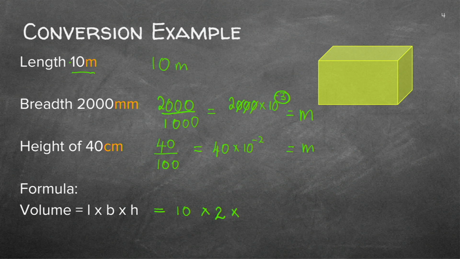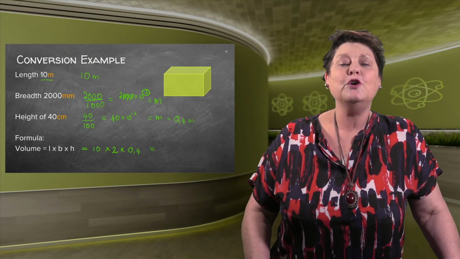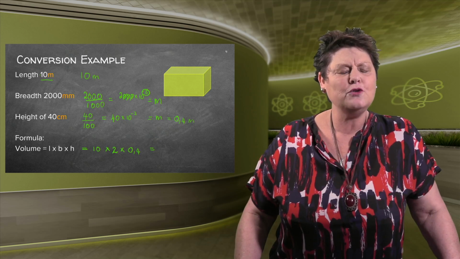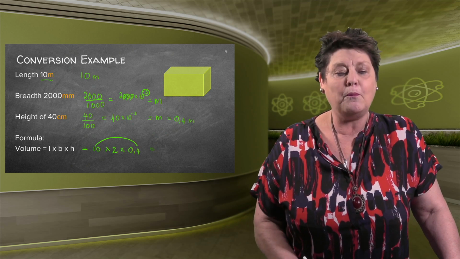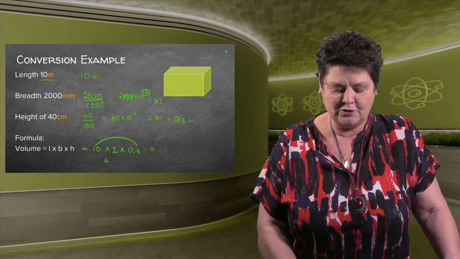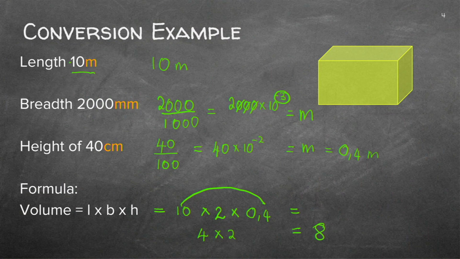That will give me a number of 0.4 meters. So let's do this calculation. Most of you will probably do this with a calculator. I'm challenging you to put your calculator away and think, can I do this without a calculator? Well, you can. 10 times 0.4 is in actual fact 4. And you then have to multiply it with the 2, and that will give you an answer of 8.